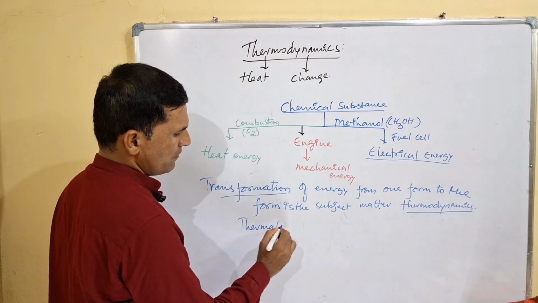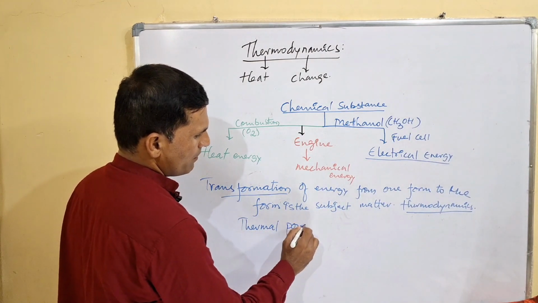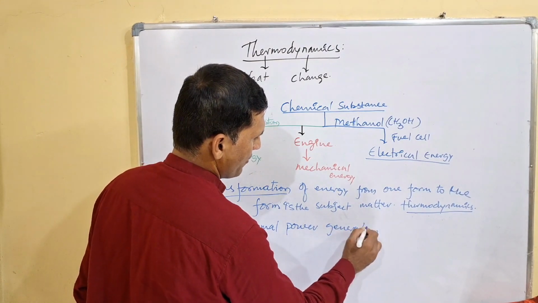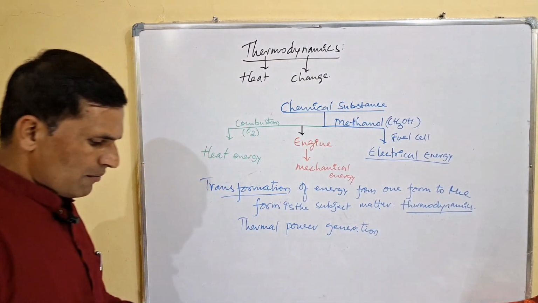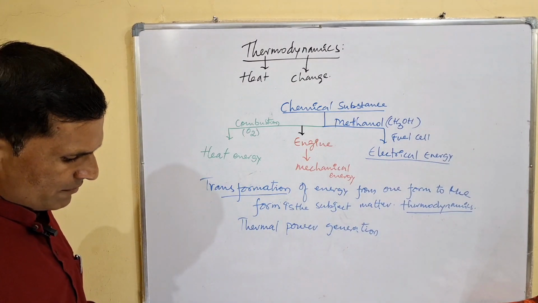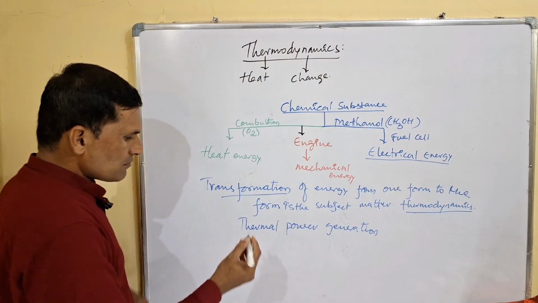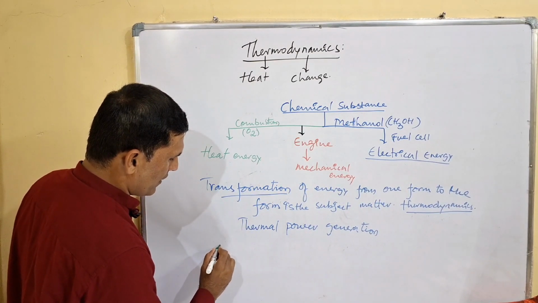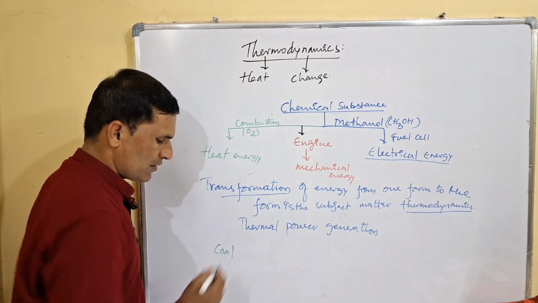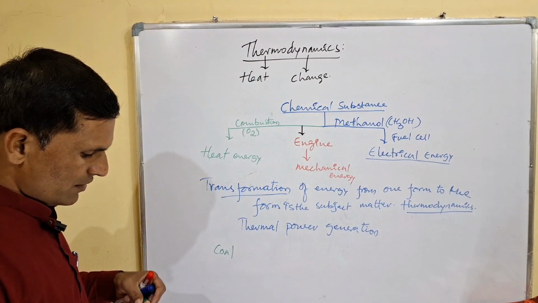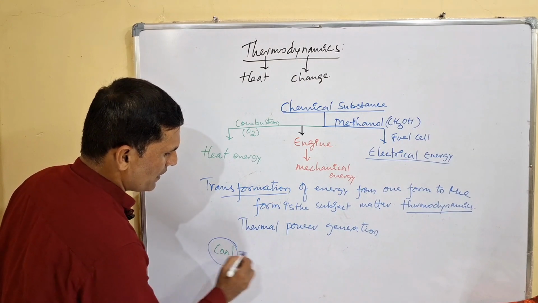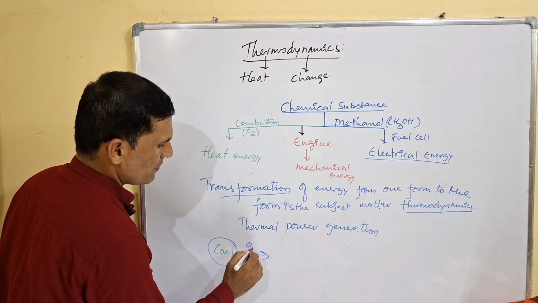I will illustrate how it is done. In thermal power generation, the energy stored in the form of chemical energy, that is coal, is burned in the presence of air.